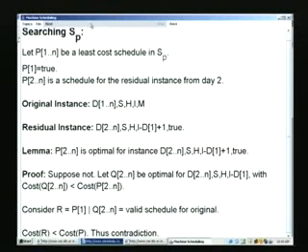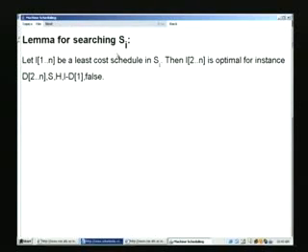A similar idea works for the space S sub I. So let's say I1 through n be a least cost schedule in S sub I. Then I2 through n is a least cost schedule, or is optimal, for the instance d2 through n, s, h, I minus d1, false, or this is the residual instance.